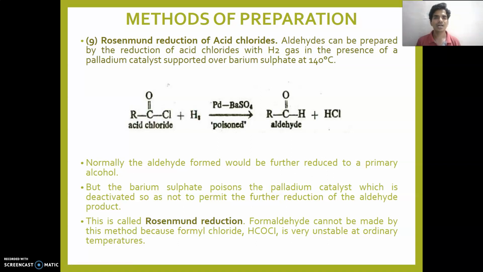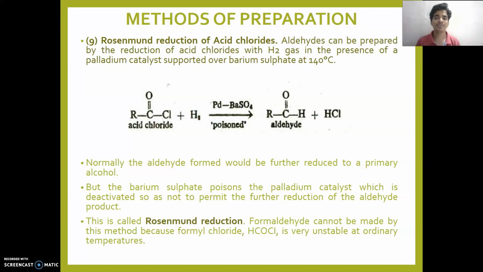It will give aldehyde at 140 degrees centigrade, but it is poisonous in nature. Normally the aldehyde formed would be further reduced to the primary alcohol, but barium sulfate poisons the palladium catalyst, which is deactivated so as not to permit further reduction of the aldehyde product. So this is the Rosenmund reaction.